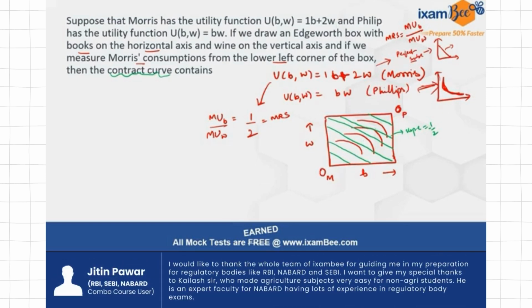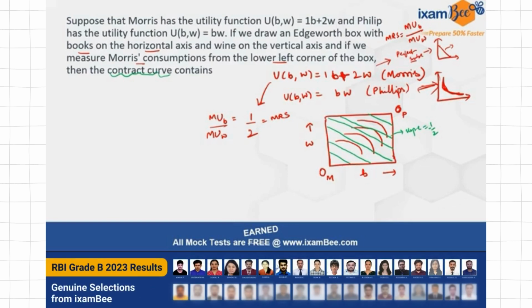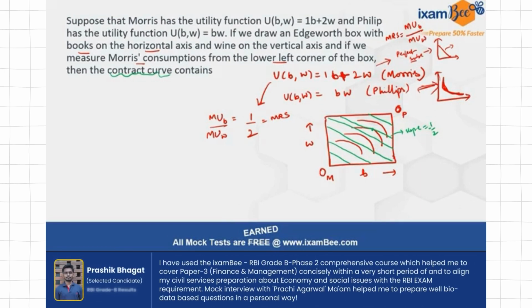Those points for which it's not possible to increase the utility of one individual by decreasing the utility of the other individual. Those are Pareto efficient points. So what points will those be? Those will lie where the indifference curve of Phillips is tangent to the indifference curve of Morris.